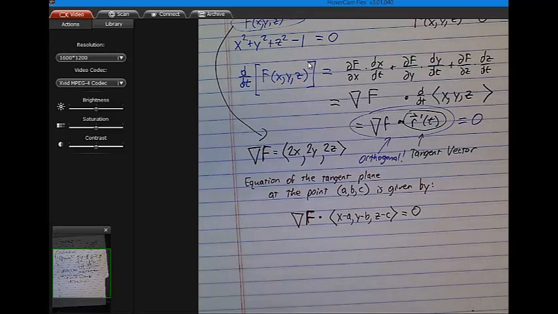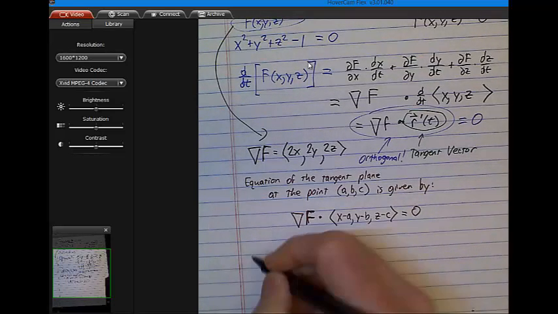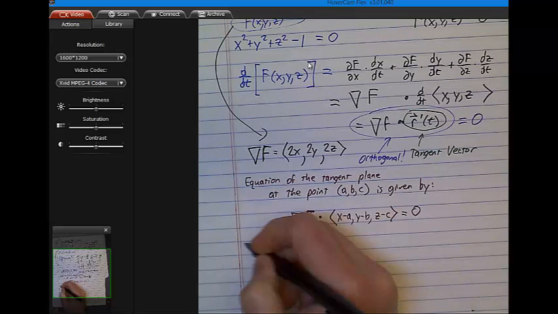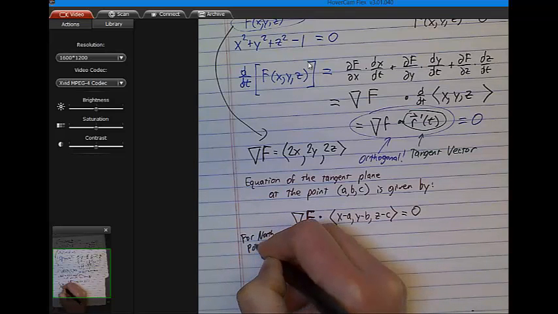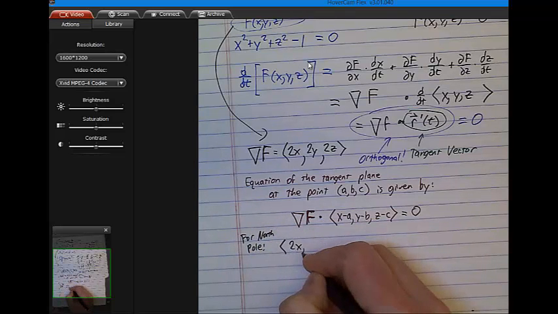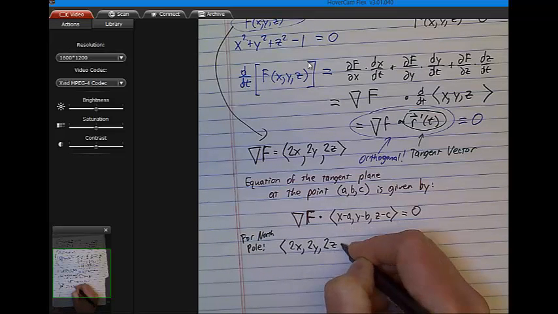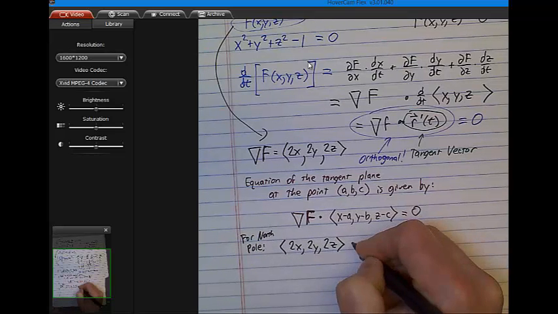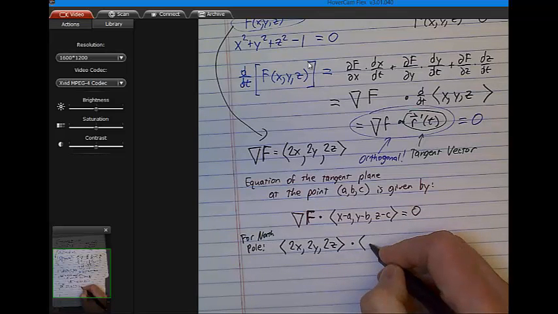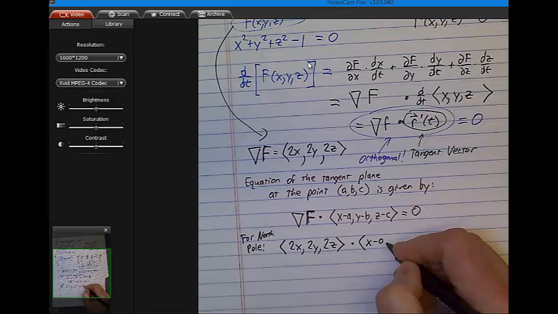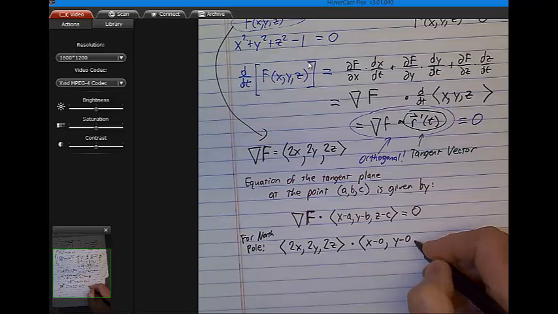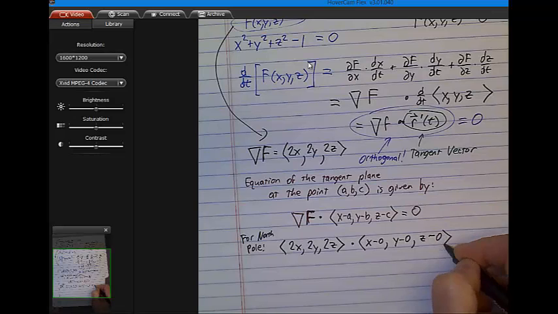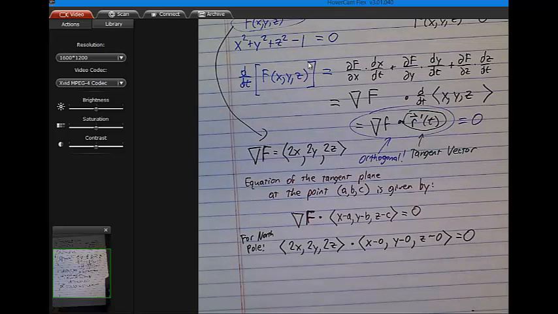Let's see it work for us. Well, in our example, what would we have? We have, so for the North Pole, we have 2x, 2y, 2z, right? Dot, I guess it's x minus 0, y minus 0, z minus 0 equals 0.